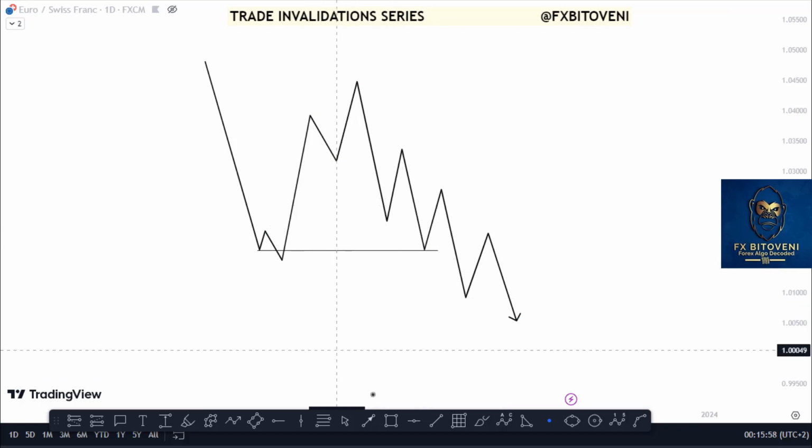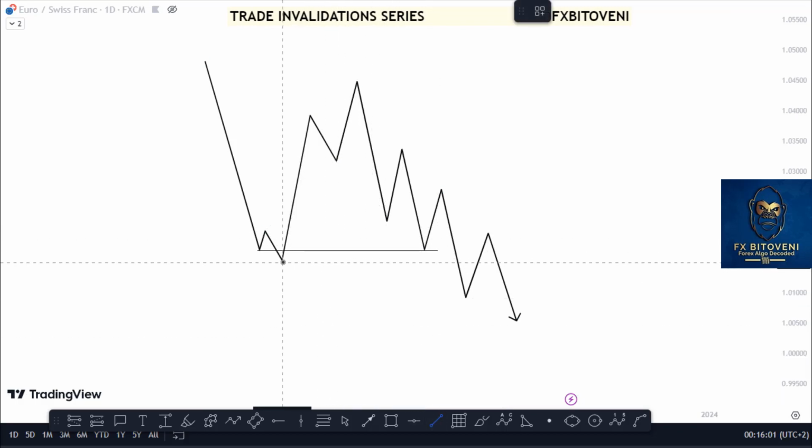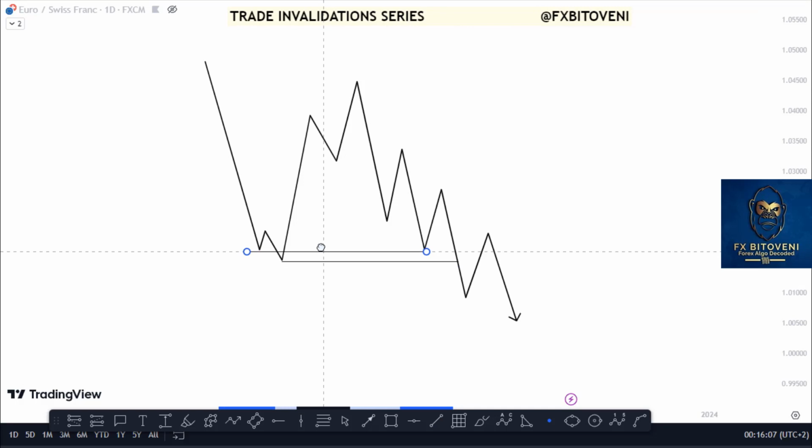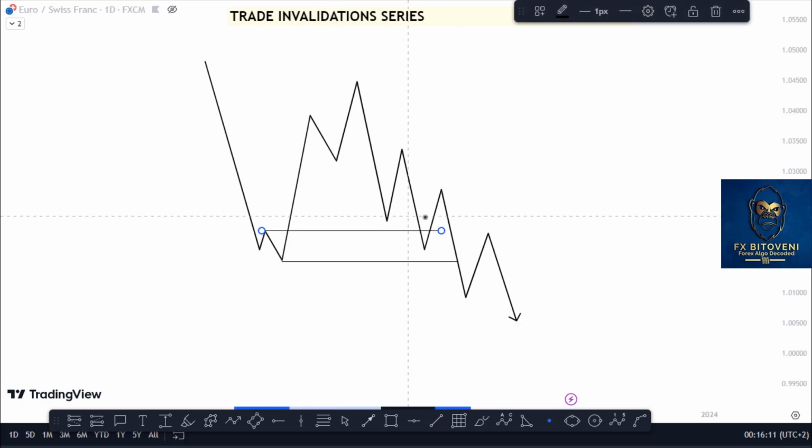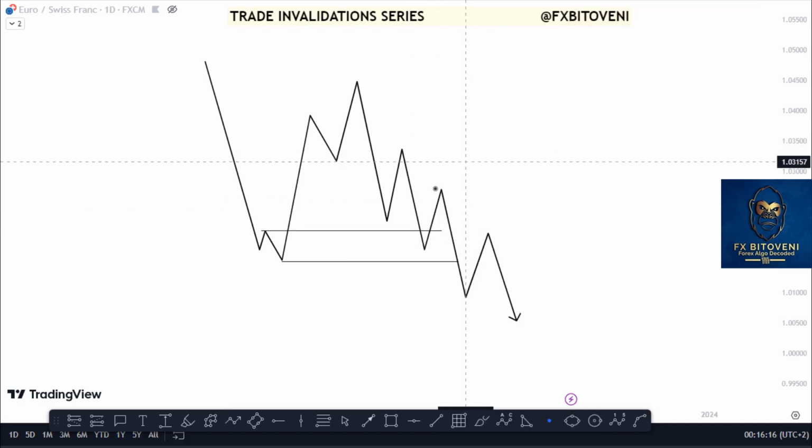Now once this area is violated, here, is broken here, then you switch from this point to this area to expect what? To expect a reaction on this level.